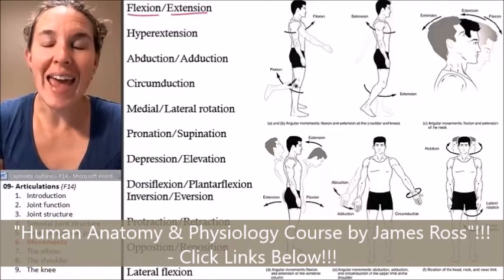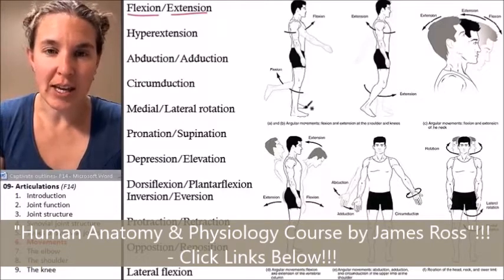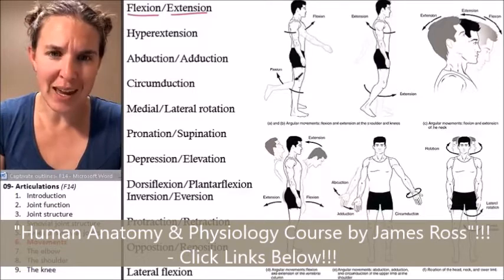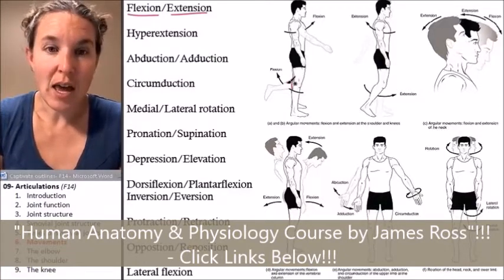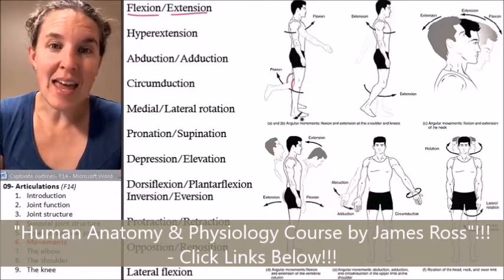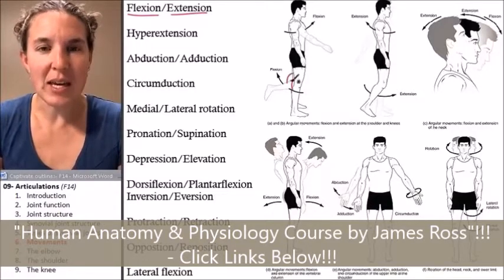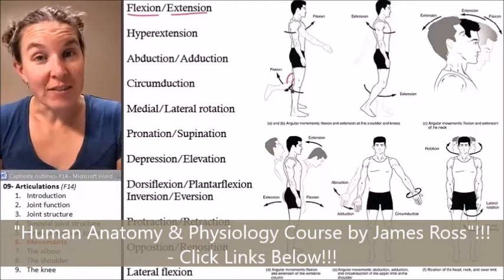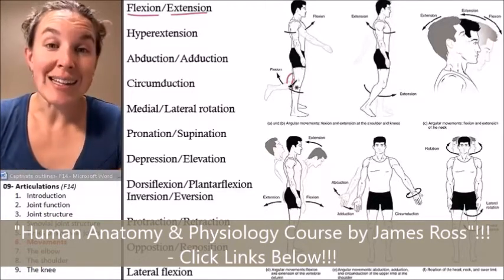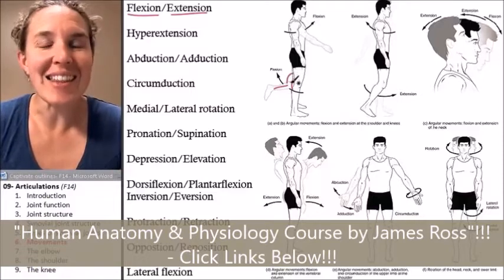Flexion is when the angle decreases. Look, starting in standard anatomical position like this, here's my angle, a 180-degree angle, a straight leg. And then the angle decreases because flexion happened. Flexion of the leg at the knee joint.